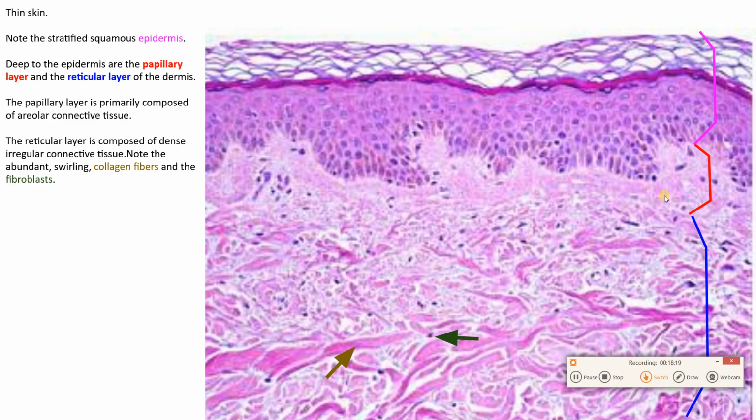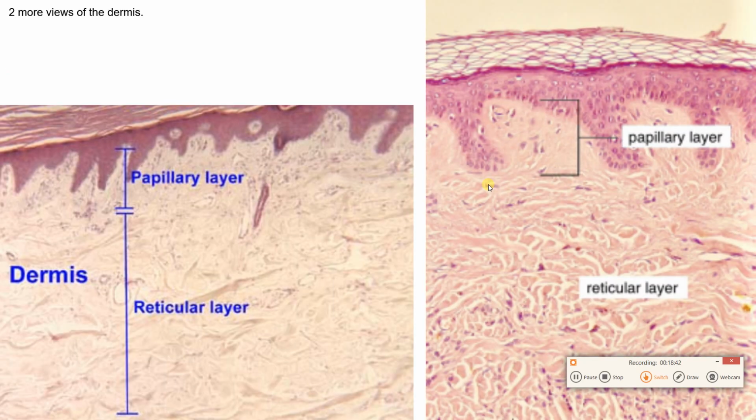Remember, the red part would be my papillary dermis because I've got these bumps extending upward. Then the deeper part with the pink collagen bundles is the reticular dermis. And I see a few little fibroblasts in there as well. All right, good stuff, good stuff.